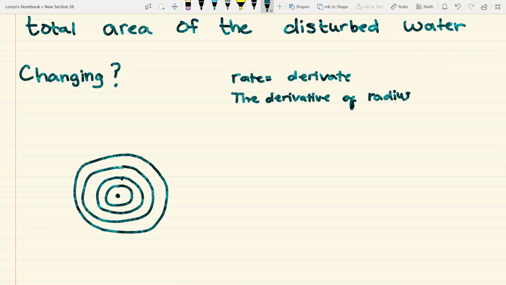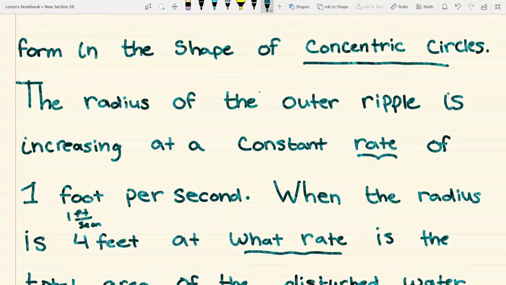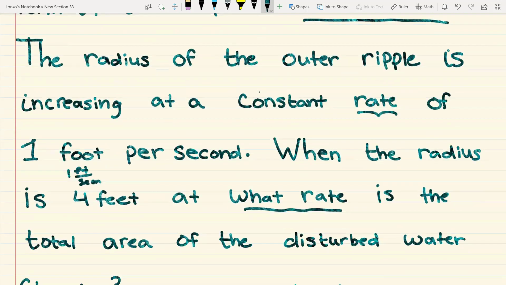So if we take it with respect to time, that would be dr/dt equals, it's growing, so it's going to be positive 1 foot per second. Okay. And then they tell us the radius is 4 feet. Okay, so make sure you have your units. So we have a constant rate of 1 foot per second when the radius is 4 feet.